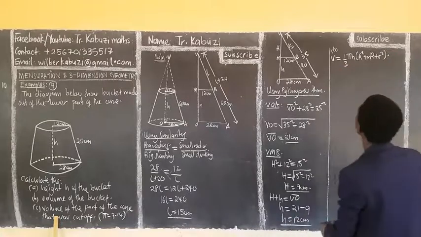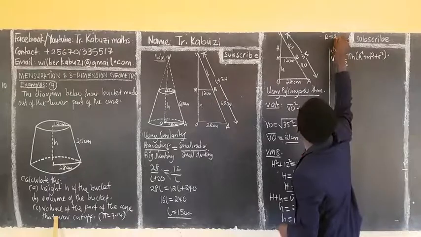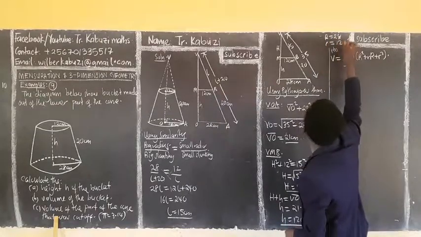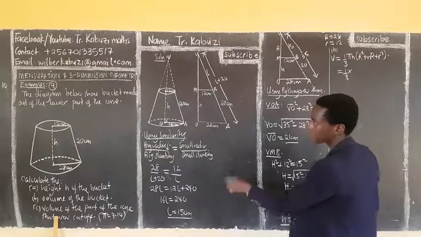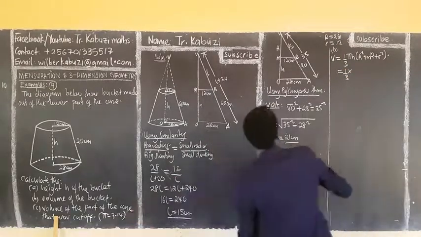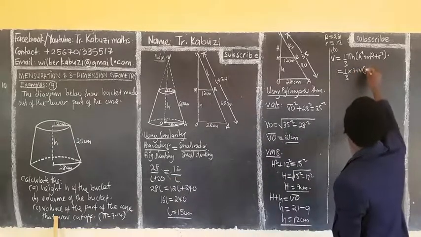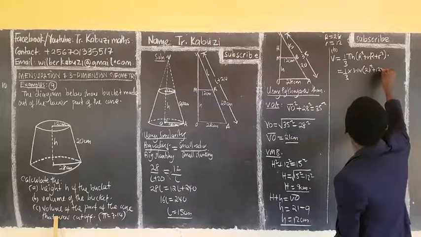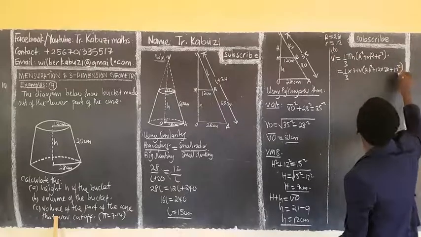So from here my big R, the big radius, is 28, then my small r is 12. Putting them here, I have a third times pi, 3.14, into 28 squared, plus 12 times 28, then plus 12 squared.